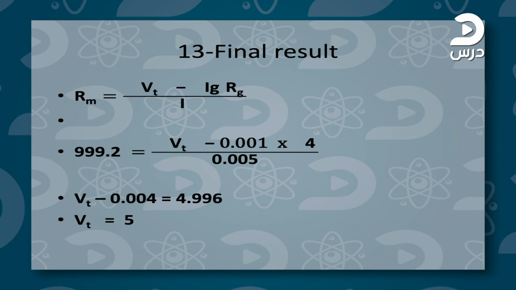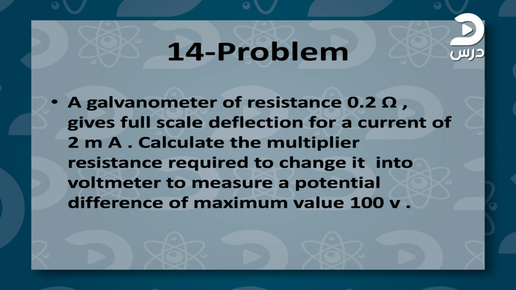That's the answer. Problem number 14. A galvanometer of resistance 0.2 ohm gives a full scale current of 2 ampere. Calculate the multiplier resistance required to change it into a voltmeter to measure a potential difference of maximum value 100 volt.